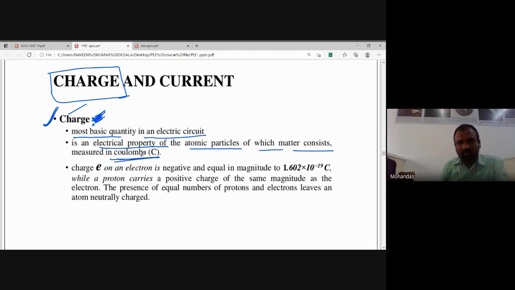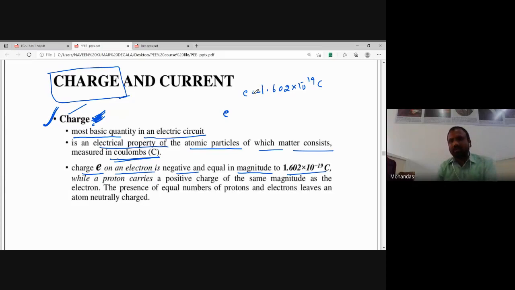What is the unit for the charge here? Coulombs. Now, charge is represented by e for electron. An electron is negative, and e is equal to, what is the value of the charge for one electron? 1.602 x 10^-19 coulomb.